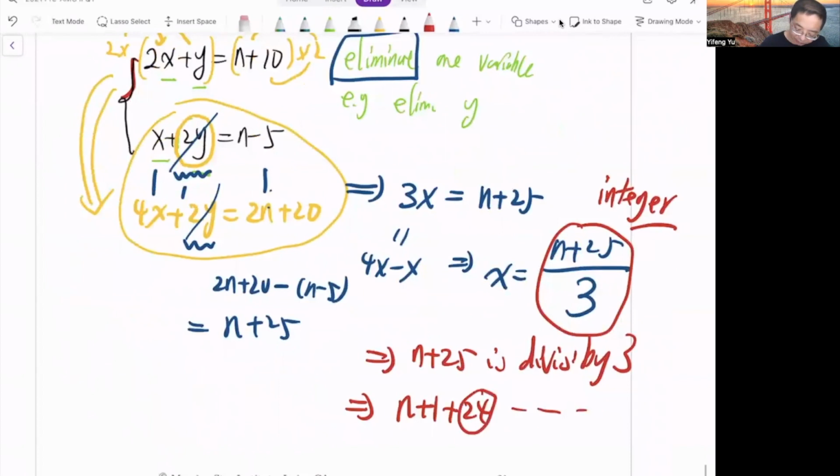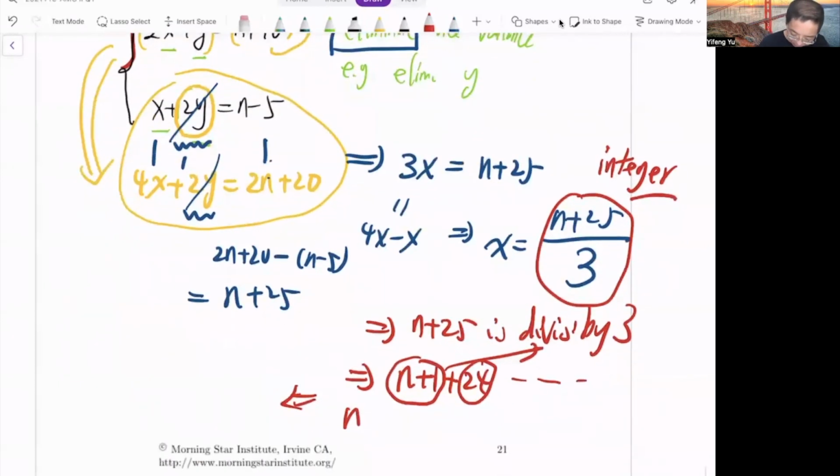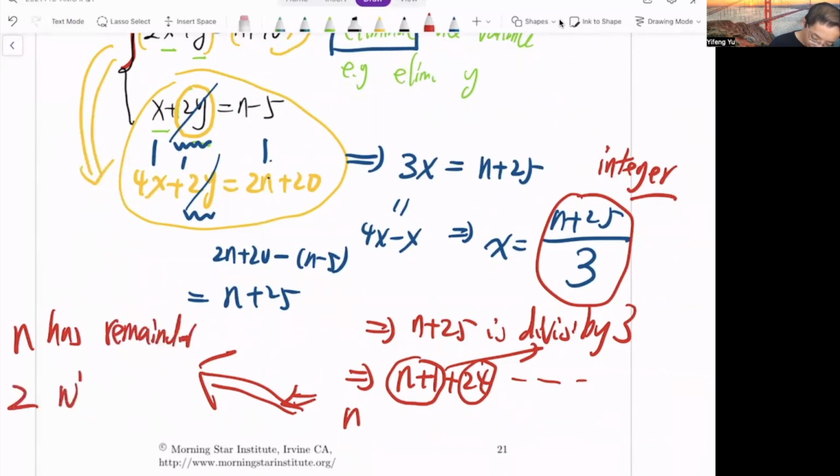But 24 is already divisible by 3. So we need n plus 1 to be divisible by 3. This just tells us we need the remainder to be 2 when n is divided by 3. So here is eventually what we get: n has remainder 2 when divided by 3.